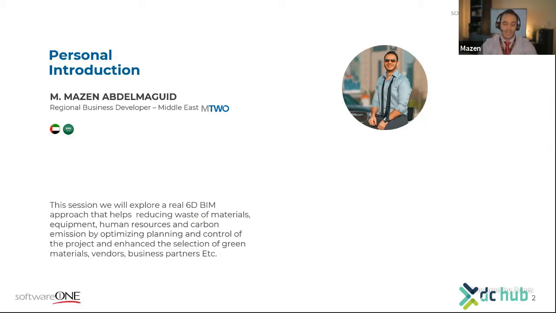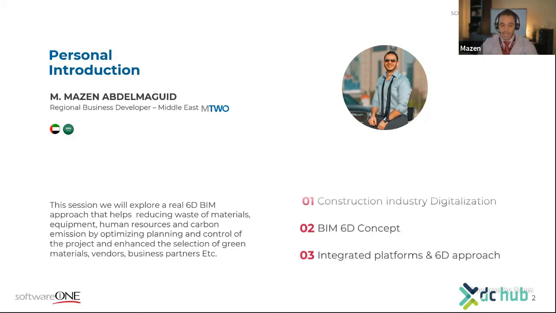And this by optimizing planning and control of the projects and enhance the selection of green materials, vendors, business partners, and so on. Into three main parts: history of digitalization in construction industry, passing through BIM 6D concept, and how integrated platforms approach the sixth dimension.